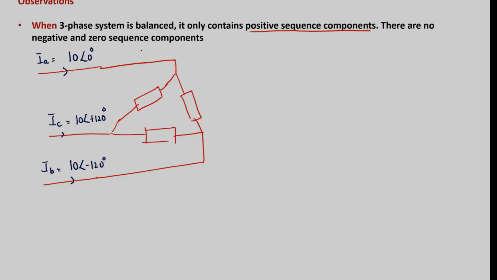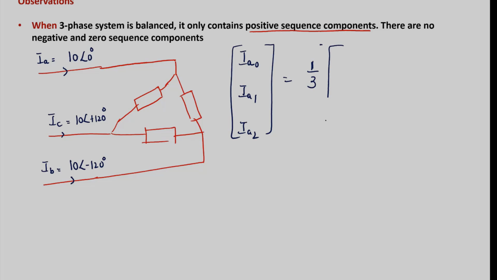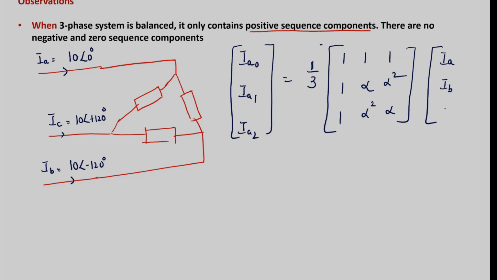Now, for these original currents, I calculate the sequence components, that is IA0, IA1, IA2. I am trying to calculate the positive, negative, and zero sequence currents for this system. We know that this equals 1 by 3 into 1, 1, 1, 1, 1, alpha, alpha square, alpha, into the original currents IA, IB, and IC. That is what we learnt in the previous slide that we have erased.